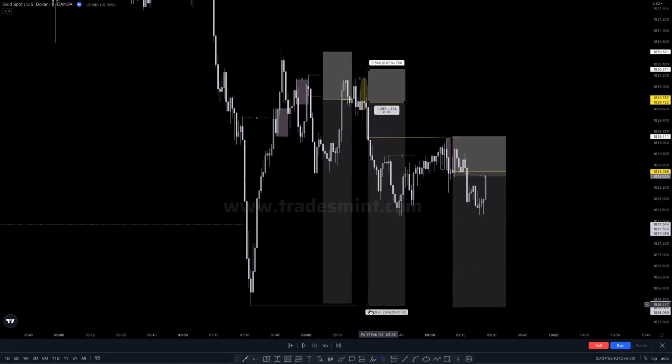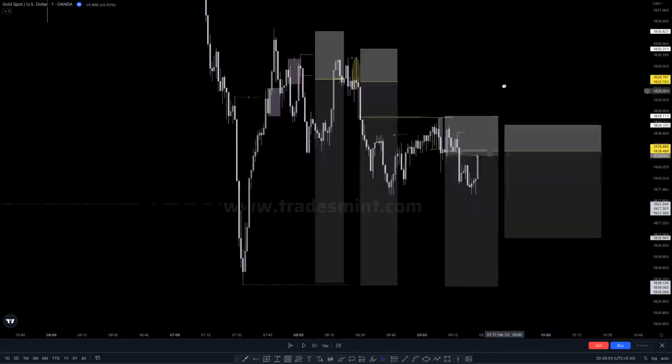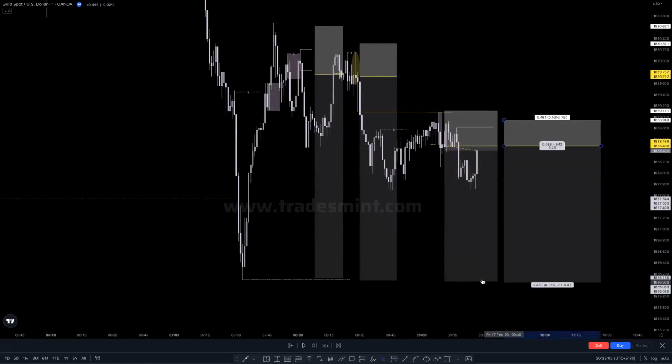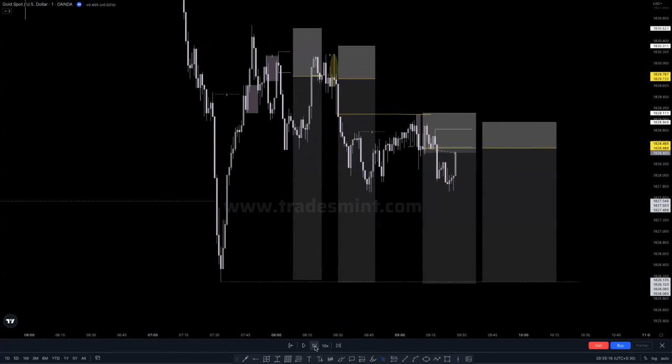After taking out the inducement, we can again sell here, on this order block. Put the stop loss just above it. Main thing, before you enter a buy or sell, you have to wait for the inducement to be taken out, which is high probability, right?